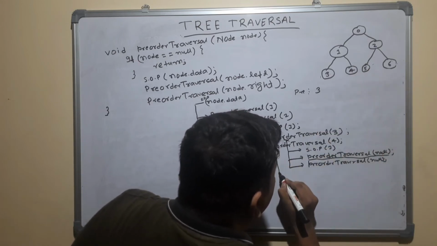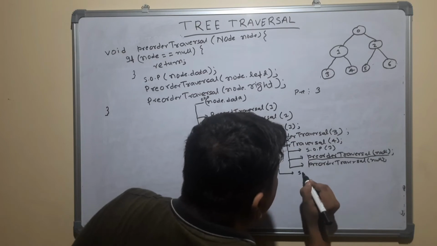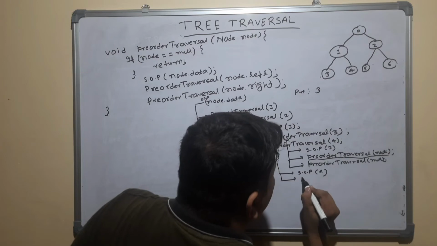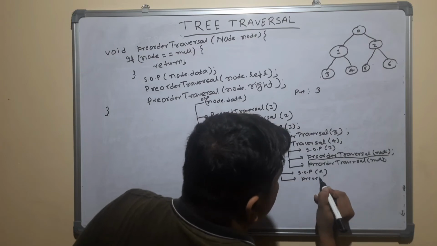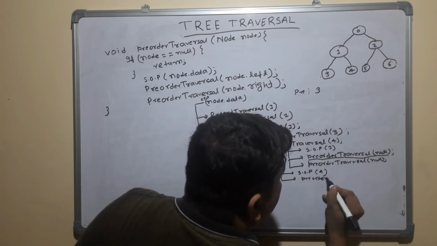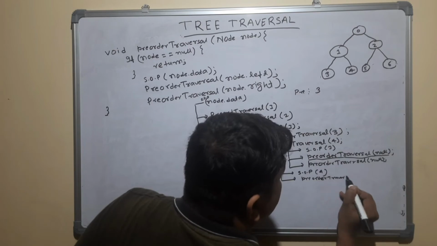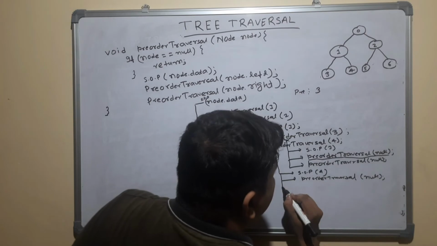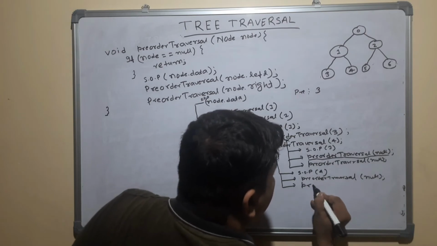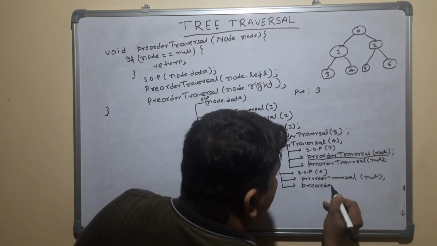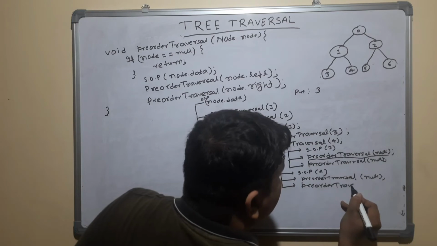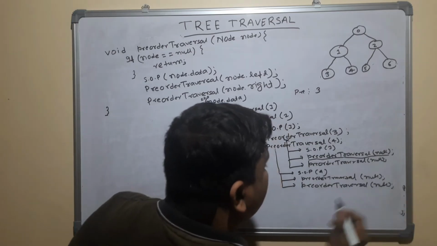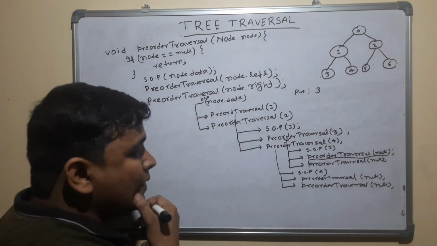So this one also does system.out.println 4 and pre-order traversal of null, pre-order traversal of null.